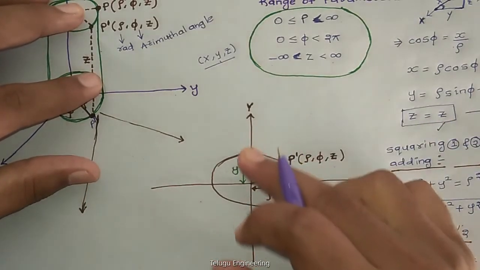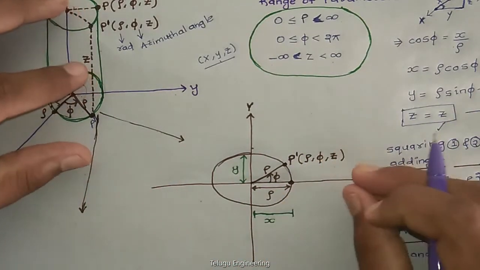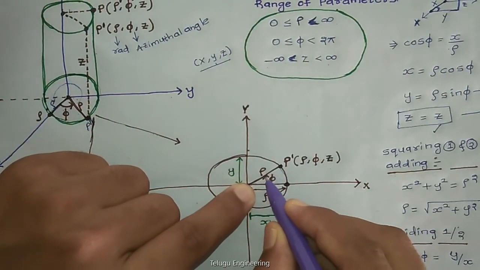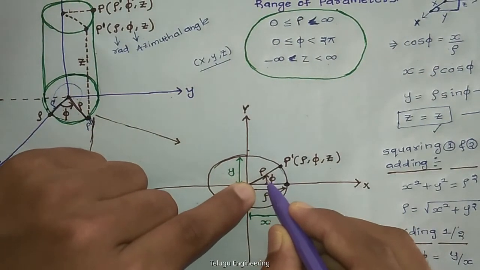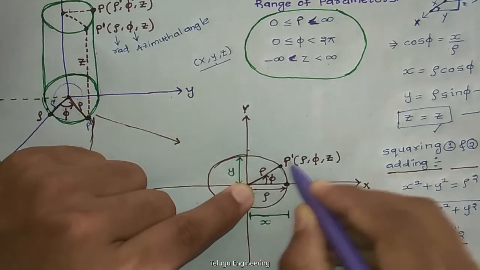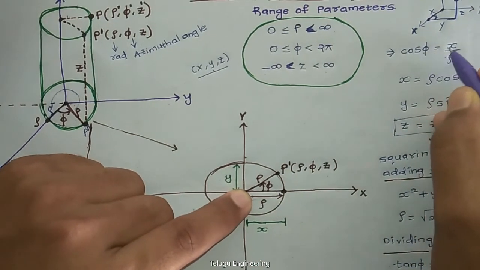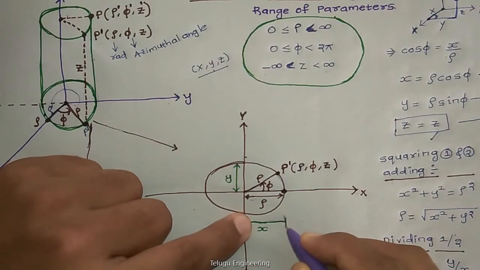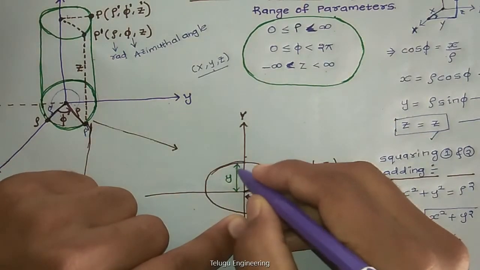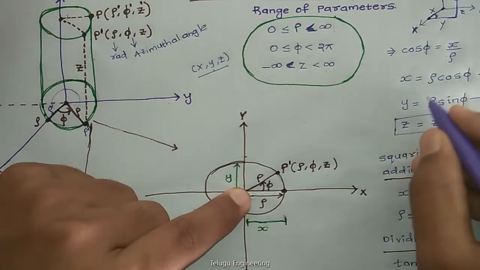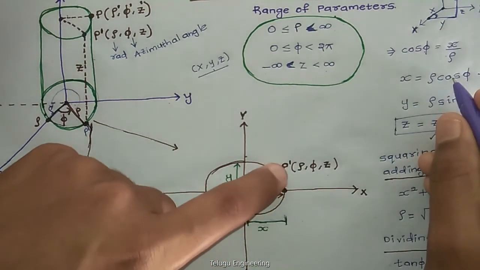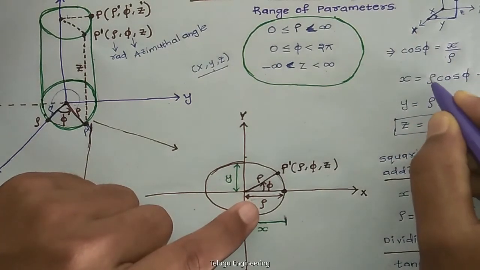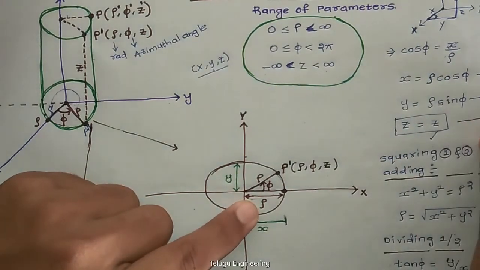Now we need to find x and y in terms of rho and phi. So simply apply trigonometric cos phi here. We know that cos phi is equal to adjacent by hypotenuse. So cos phi equals x by rho, that is the radius. So our x will be equal to rho cos phi. Let it be 1.